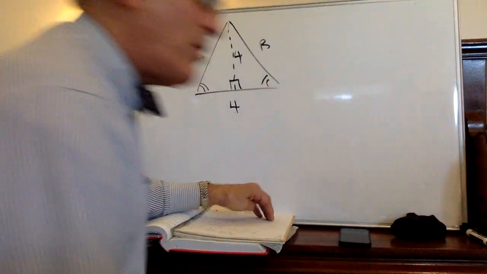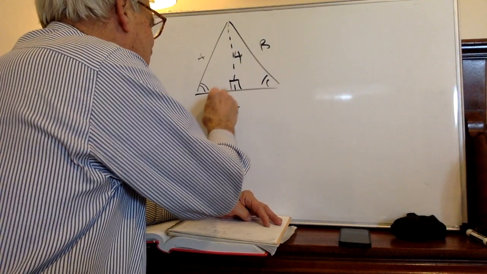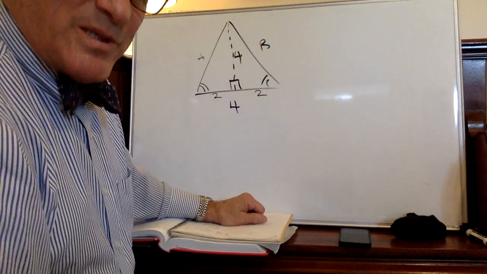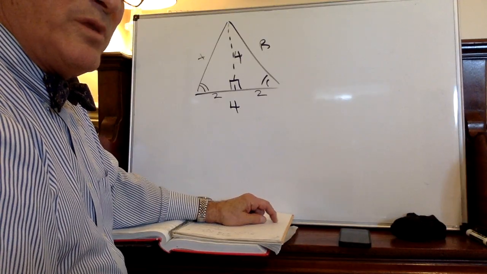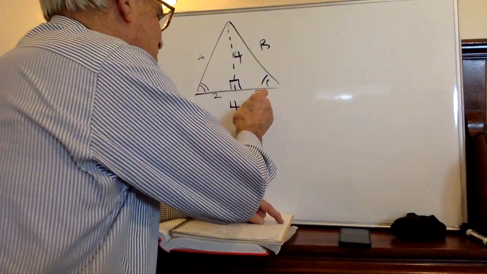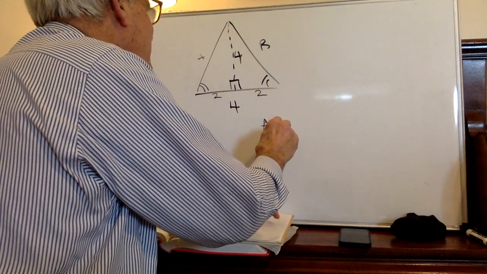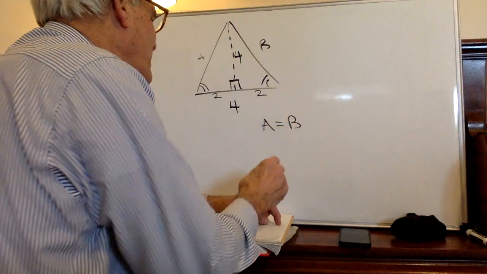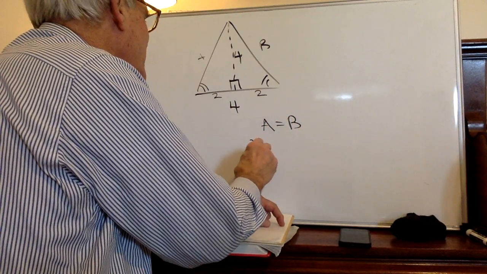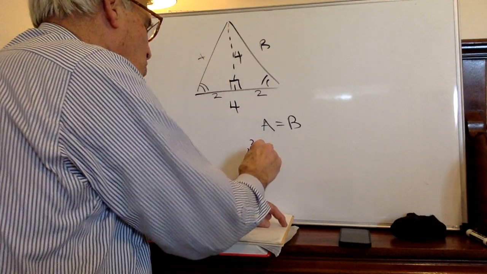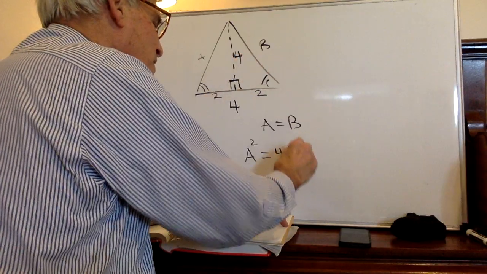Hopefully you remember when we talked about isosceles triangles, when you draw an altitude, it bisects the base. So what I have here are two congruent right triangles with the legs 2 and 4. Therefore, I know A is going to equal B, and I know that A squared will equal 2 squared plus 4 squared.